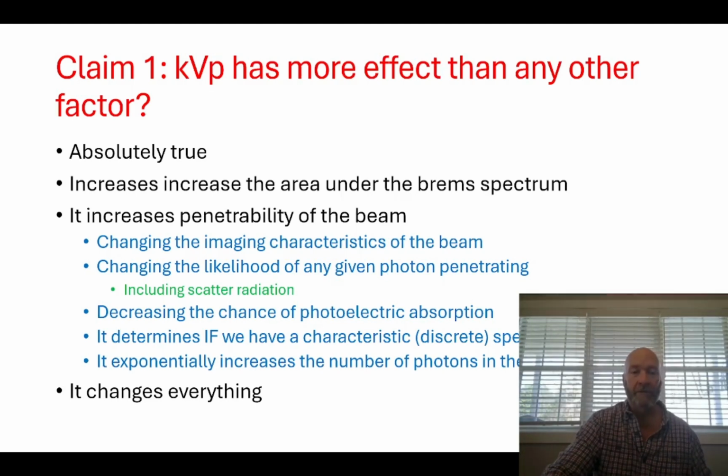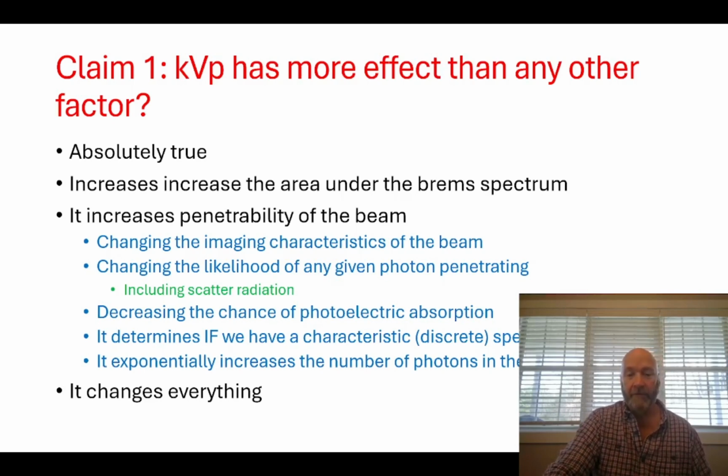So it increases penetrability of the beam, changing the likelihood that any given photon penetrates, including scatter radiation, and it decreases chances of photoelectric absorption very much. It determines whether we have a characteristic spectrum, your discrete spectrum, remembering that that's only at 69 kVp. So if you set your controls at 68 kVp, you're not going to have a recognized characteristic spectrum.